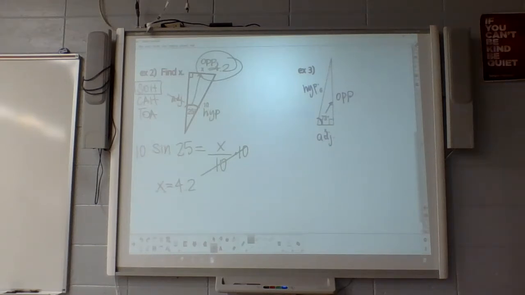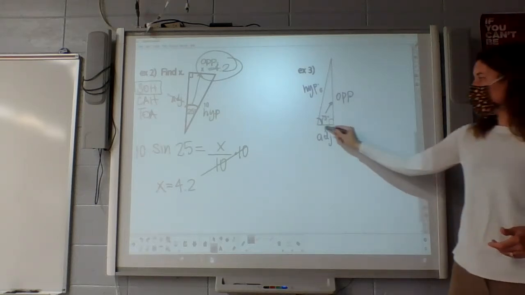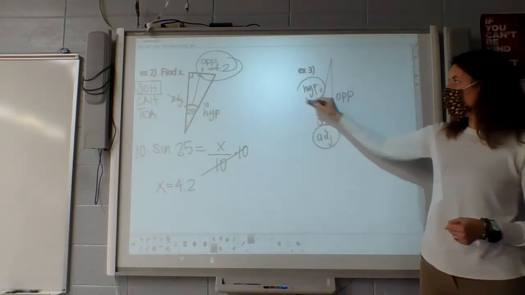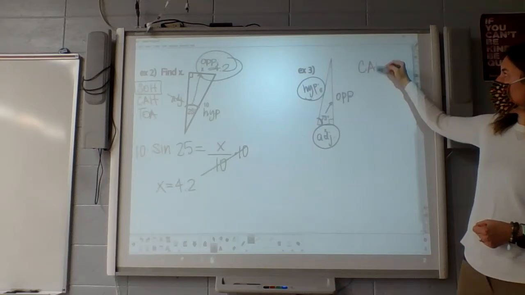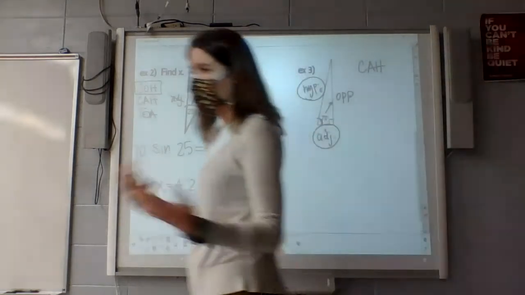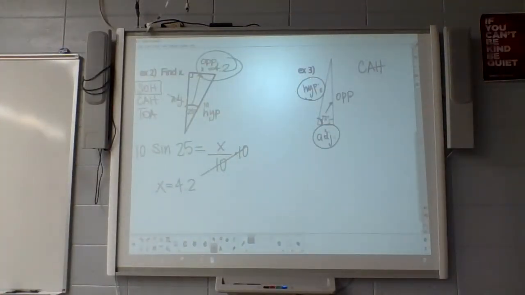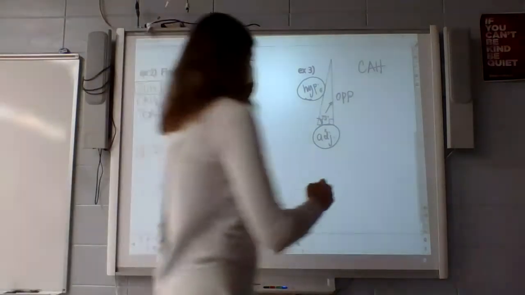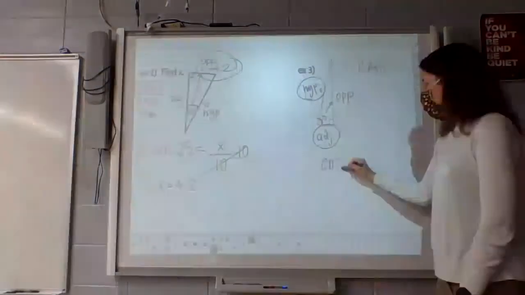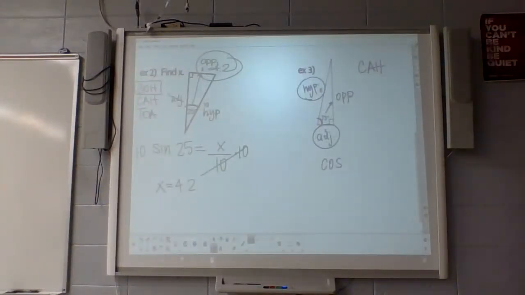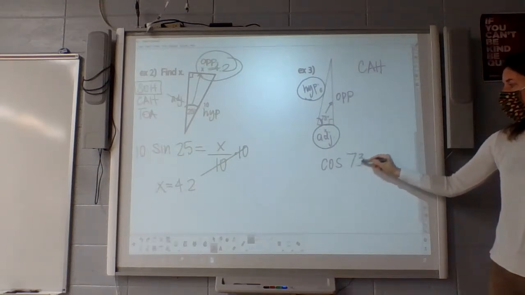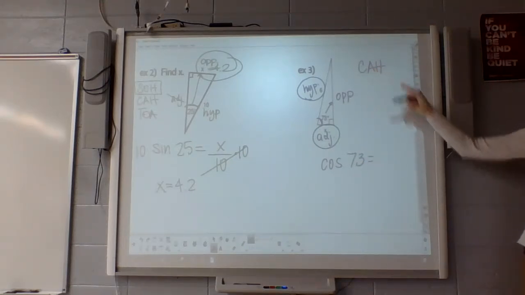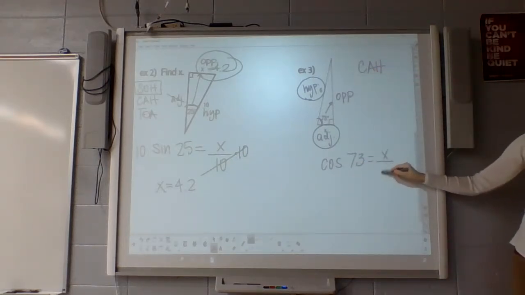Which trig function do we want to use? We want to use cosine this time because we want to know the adjacent, we know the hypotenuse, and the CAH has adjacent and hypotenuse in it. So we have cosine of our angle, which is 73, equals A over H, which is x over 6.